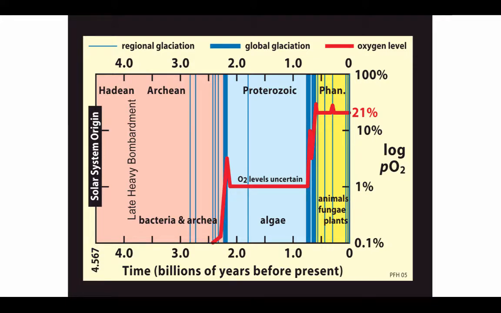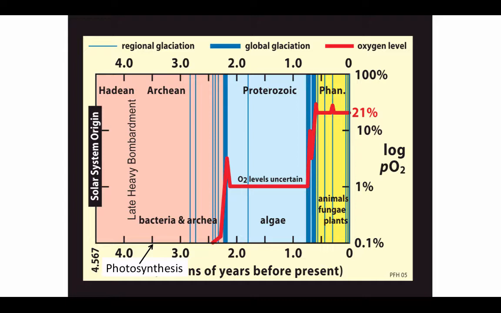So if we think about oxygen levels through the history of the Earth, what we see is the origin of photosynthesis here around 3.5 billion years ago. But remember, there's this long period of time before the oxygen actually started accumulating in the atmosphere because of this high reactivity, formation of iron oxides in the Earth.